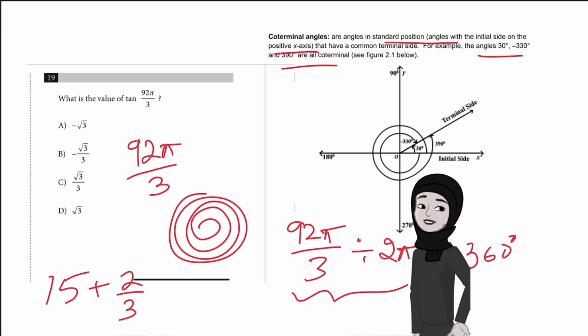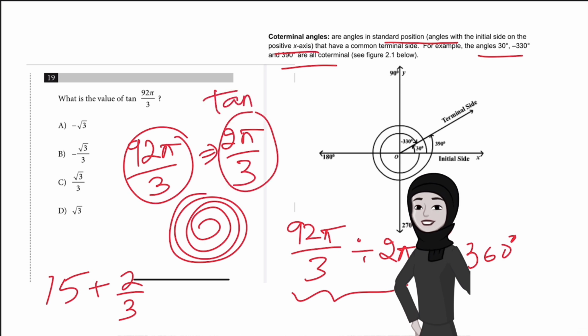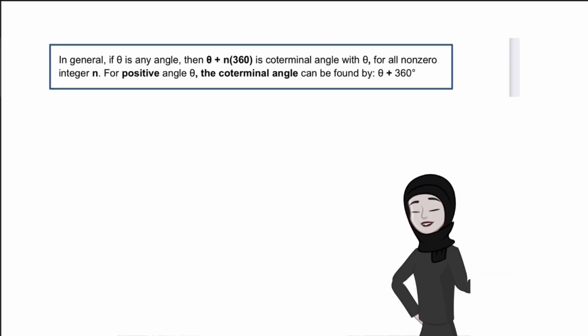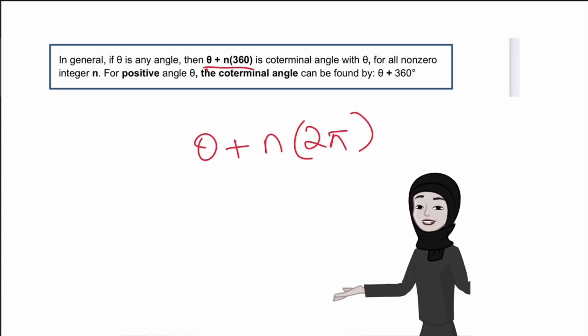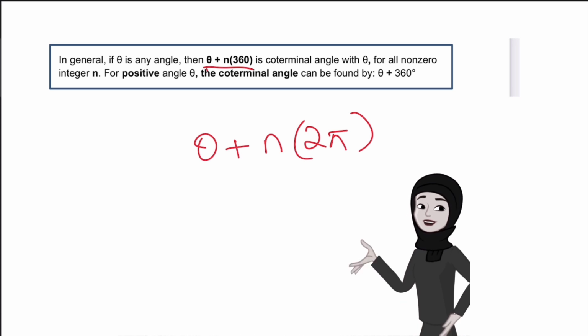Or in other words, 92π/3 is coterminal with 2π/3. If you find the tan of 2π/3, it will be the same as finding the tan of 92π/3, because they are both coterminal angles. In general, the formula is: if θ is any angle, then θ plus n times 360 degrees, or in radians θ plus n times 2π, is a coterminal angle with θ for all non-zero integer n.